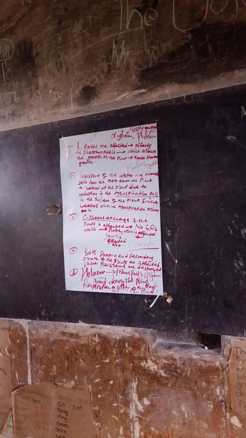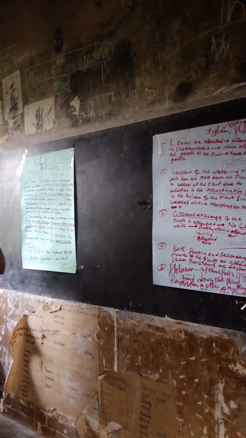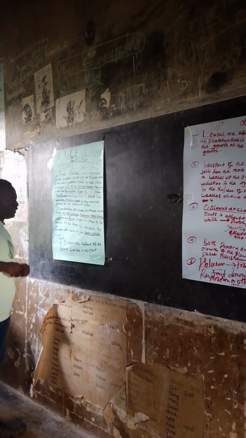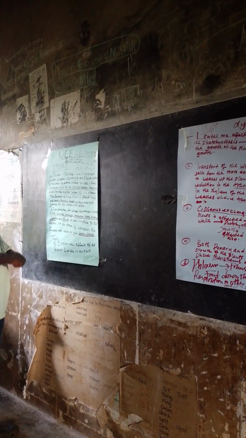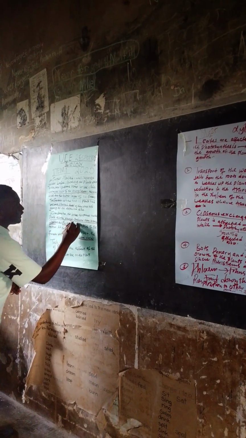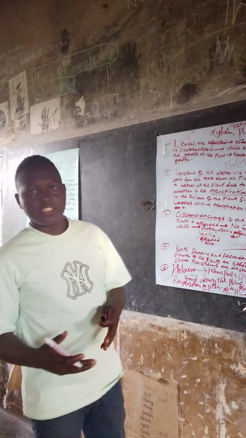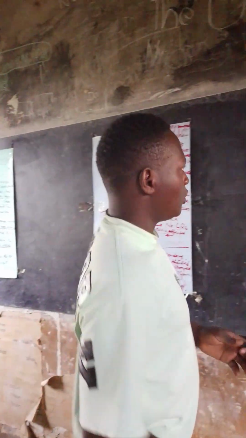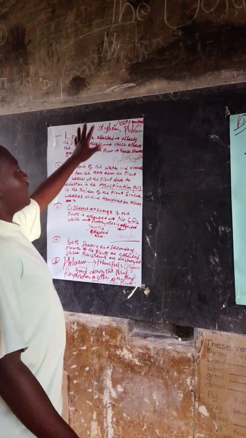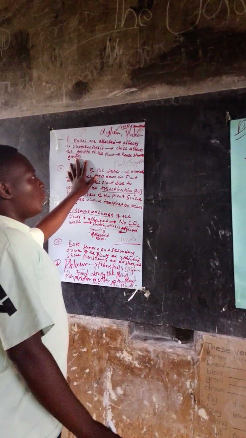Many branches, flowers, and fruits. So this one means if the plant again produced many branches, branches always come with leaves. So if leaves are there, it means it is going to solve some of the problems we saw in part A. How?